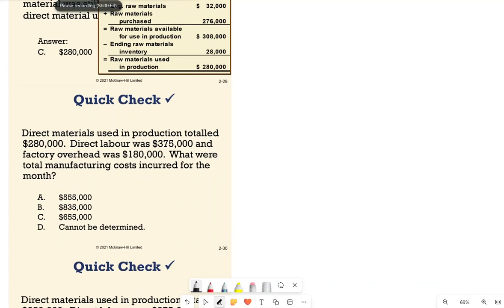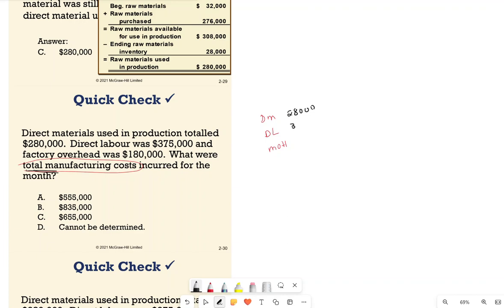Now we're going to go to my next one. It says, what is my total manufacturing cost? When they're asking for total manufacturing cost, that can be related to the product. We are going to have direct material, direct labor, and manufacturing overhead. Did they tell us all of them? Yes, we have direct material, which is 280,000.